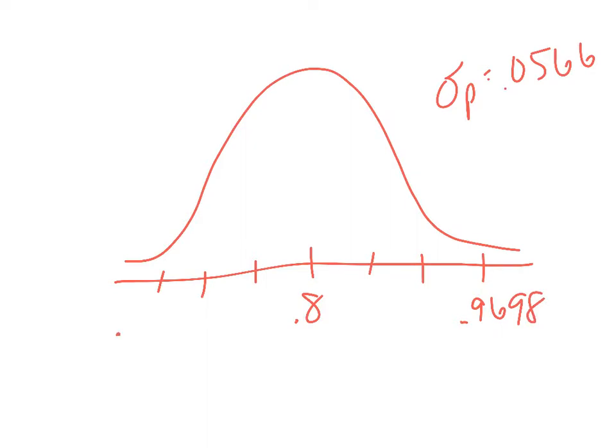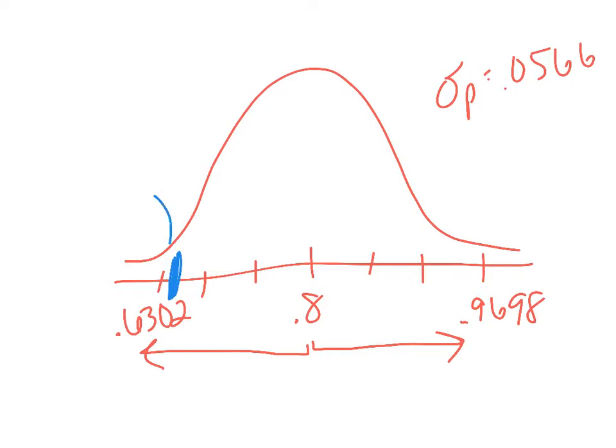But we've got 3 standard deviations out, right? This is 0.8 plus 3 times 0.0566 and 0.8 minus 3 times 0.0566. And our sample would fall right about here. Remember, our sample was 0.64.